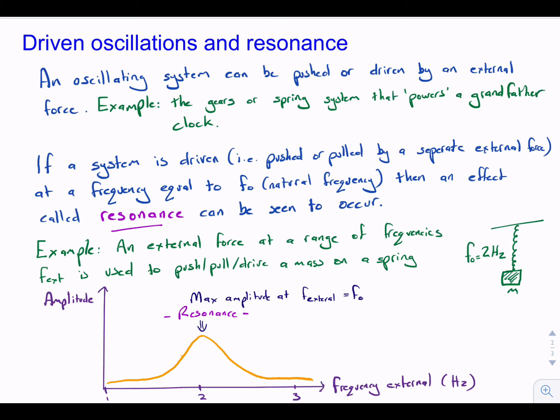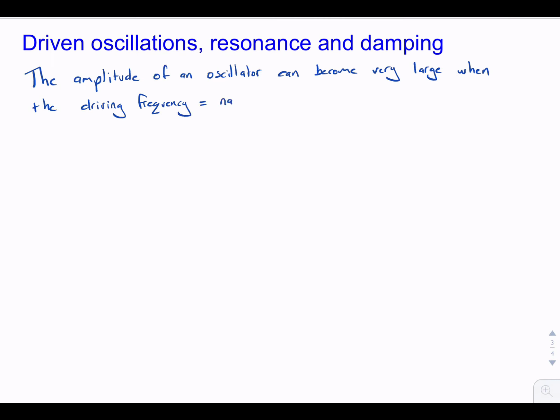As the driving frequency gets closer to the natural frequency, the amplitude of the oscillations rises dramatically. This large amplitude response to a driving force, whose frequency matches the natural frequency of the system, is called resonance. Within the context of driven oscillations, the natural frequency is often called the resonance frequency.